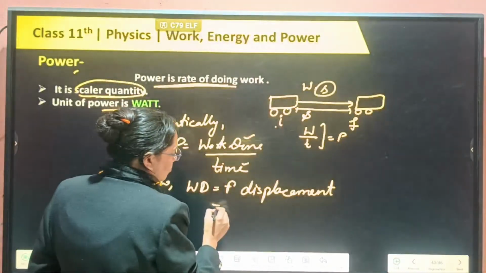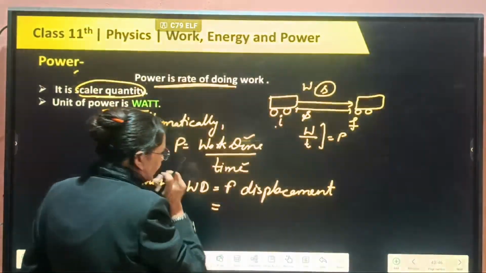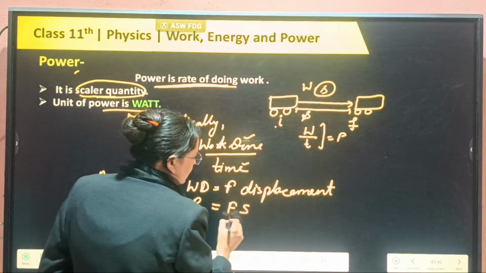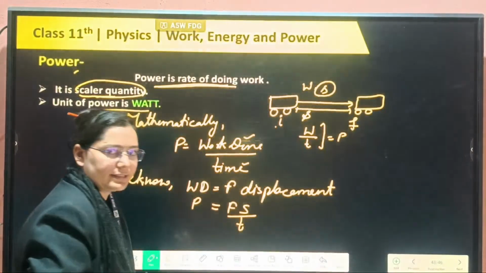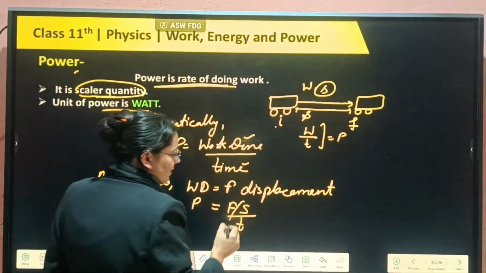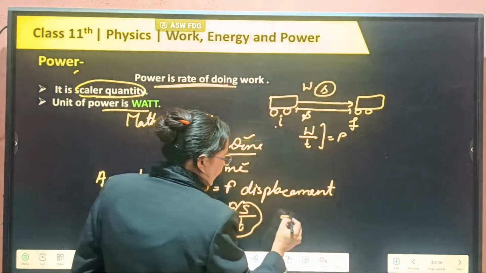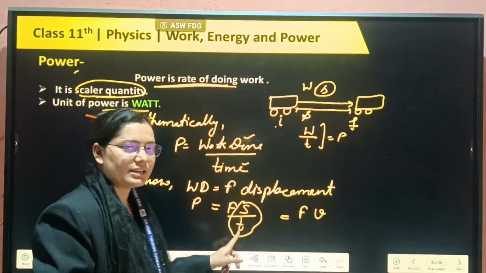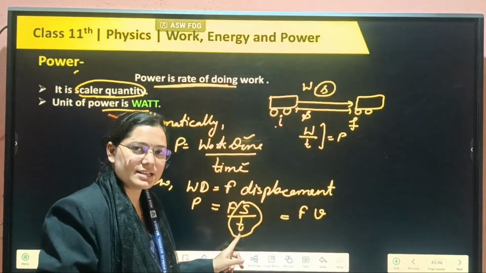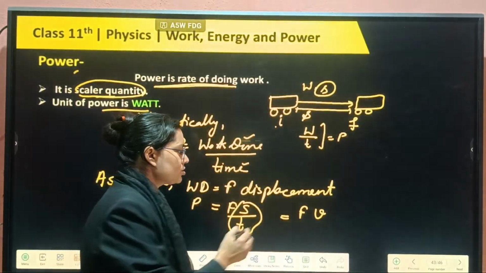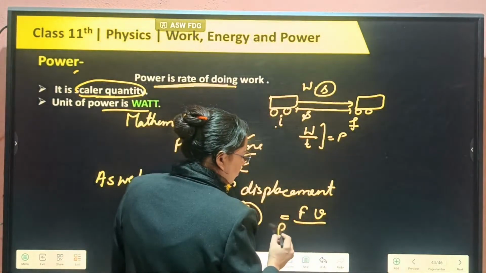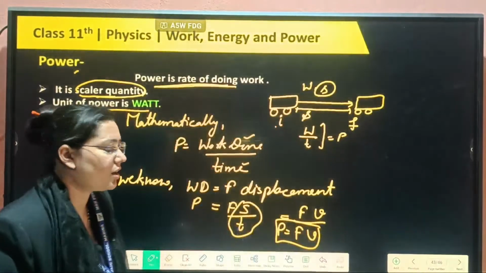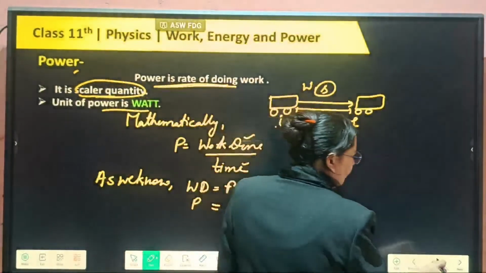So power equals force times displacement divided by time. Displacement divided by time, we already discussed in the second unit, is equal to velocity. So power equals force into velocity. Clear?